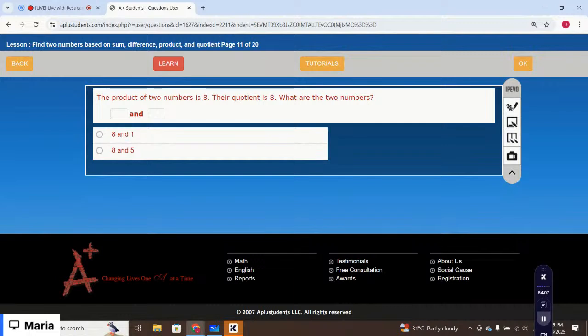The product of two numbers is 8. Their quotient is 8. What are the two numbers?